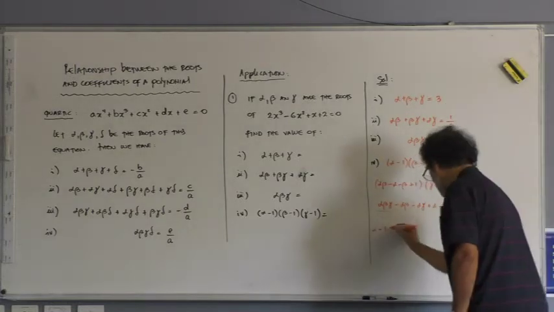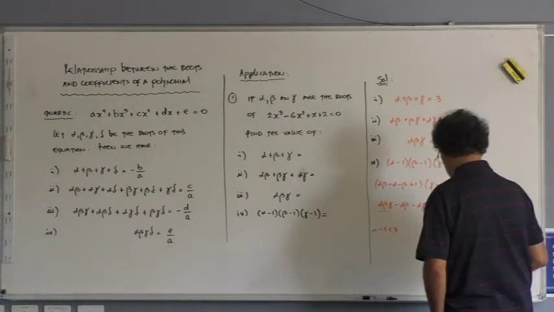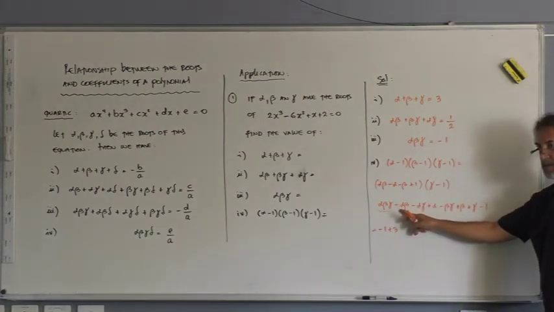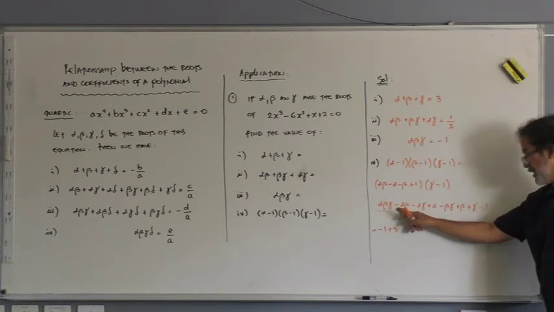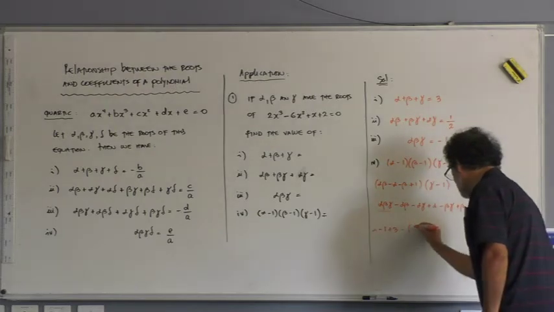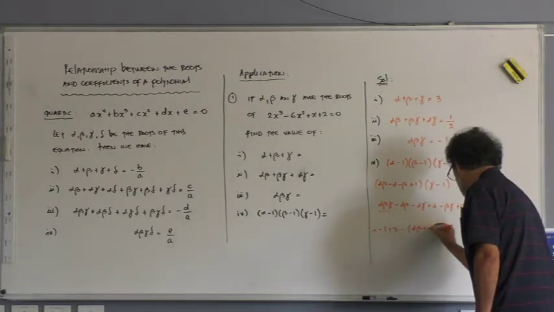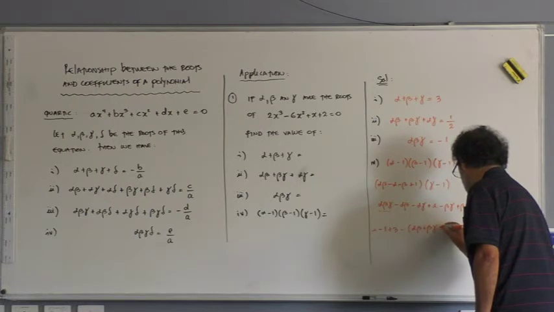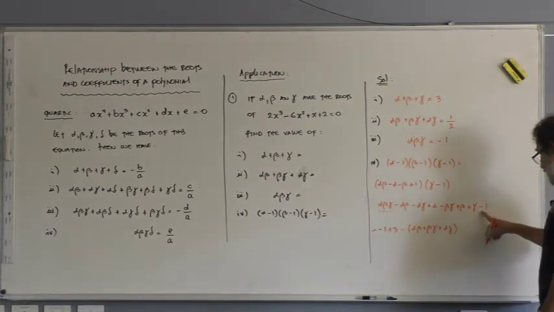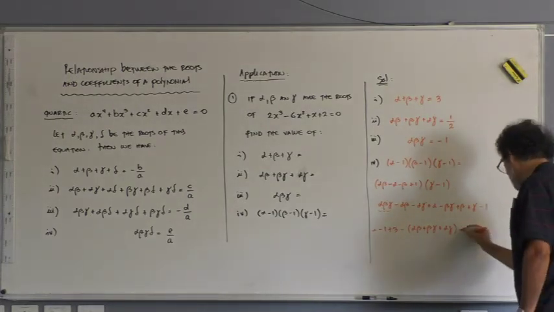So we're going to put plus 3. And then can you see that we have the ones that are taken 2 at a time? So I'm going to put negative bracket alpha beta plus beta gamma plus alpha gamma. And then don't forget the one at the end.